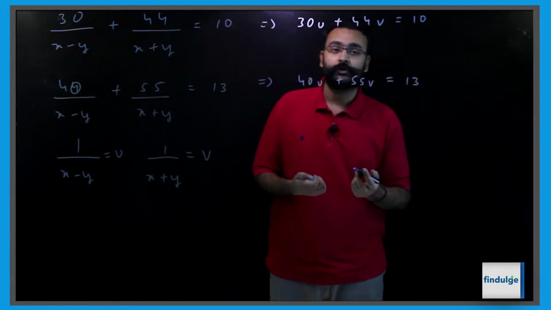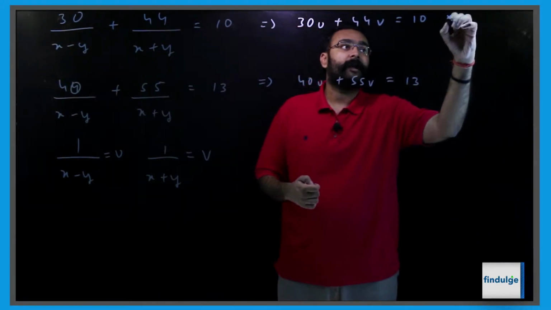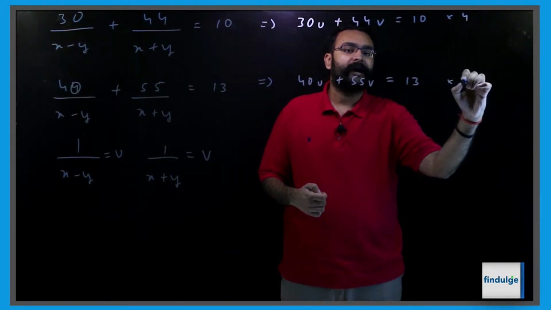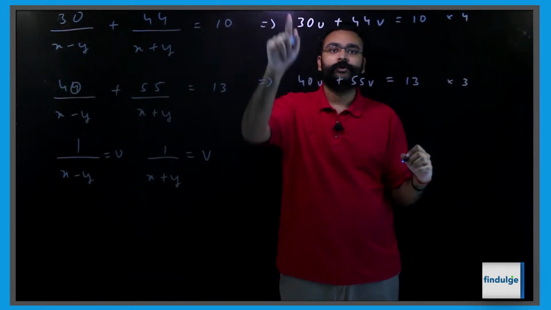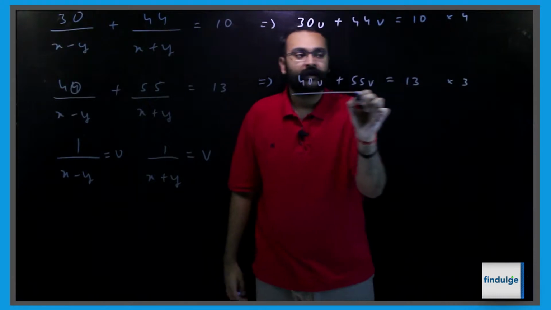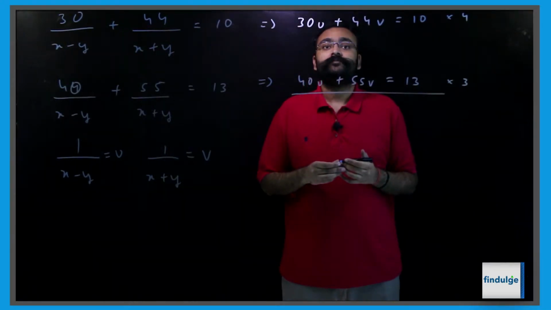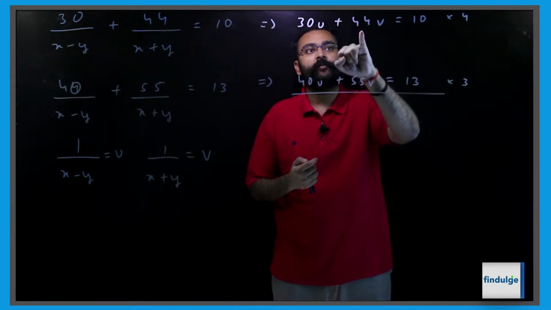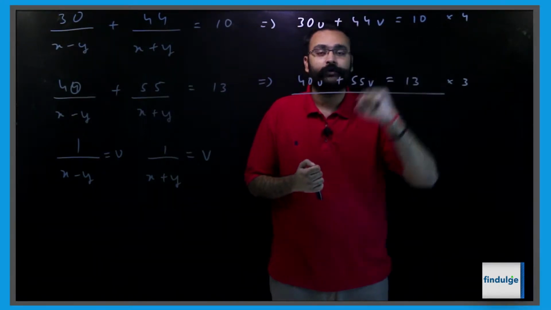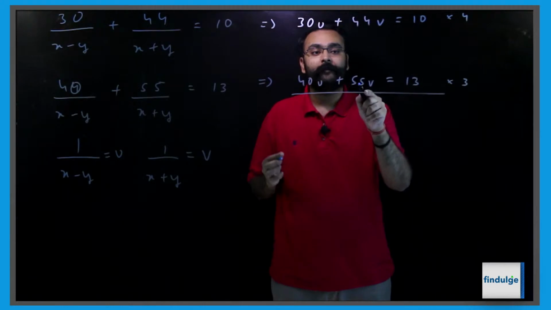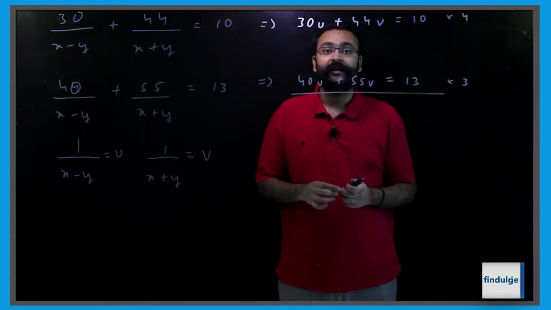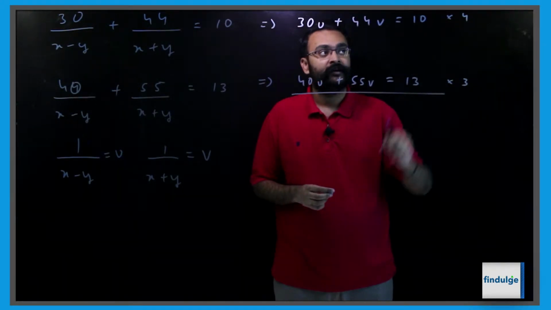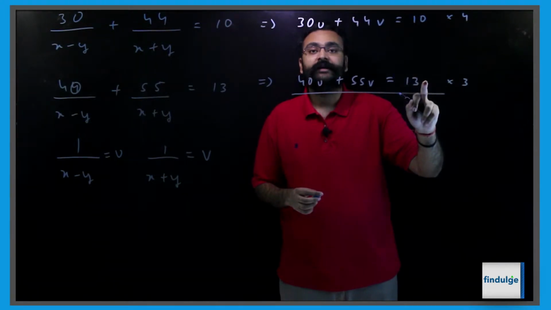I personally choose to do it by elimination, multiply by 4, multiply by 3 to make the u values equal. Now, which should I subtract? That I'll do by seeing. This will become 176, 44 into 4. This will become 55 into 3, 165. 40 into 3, 39.